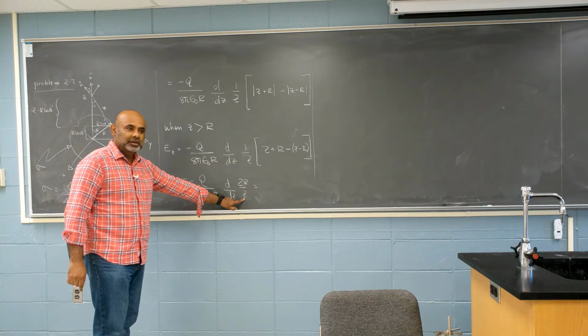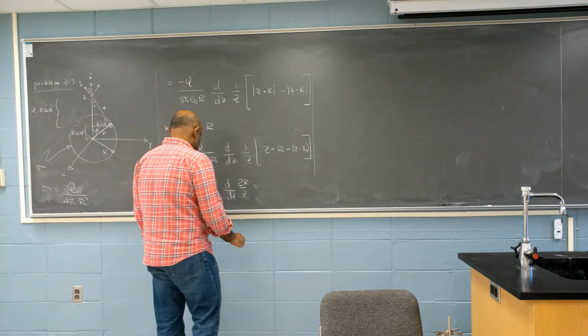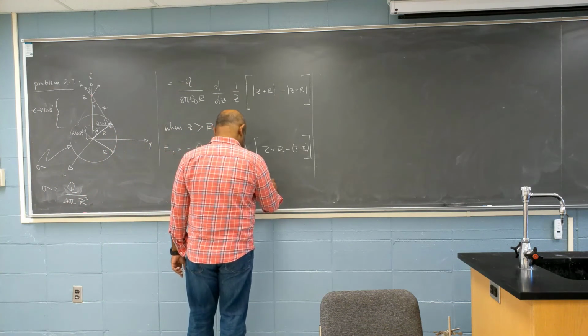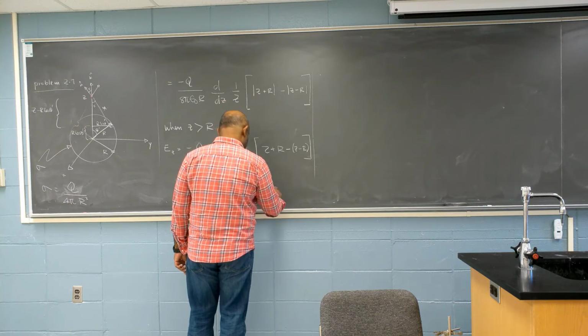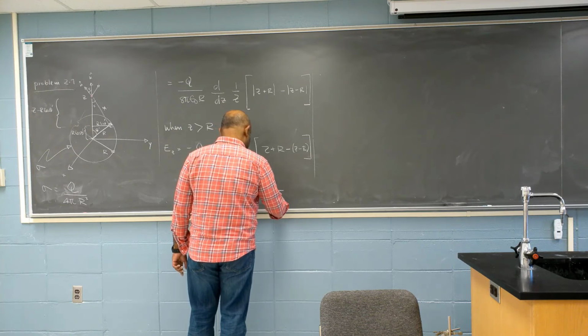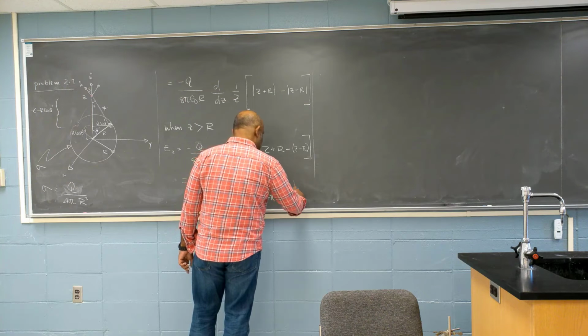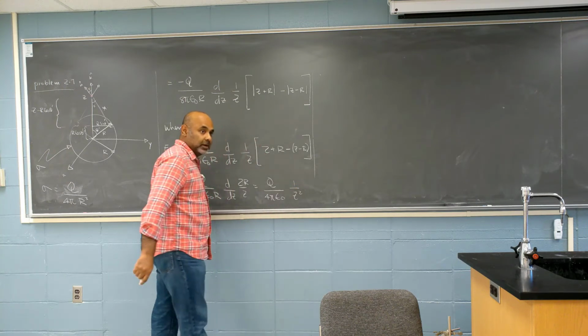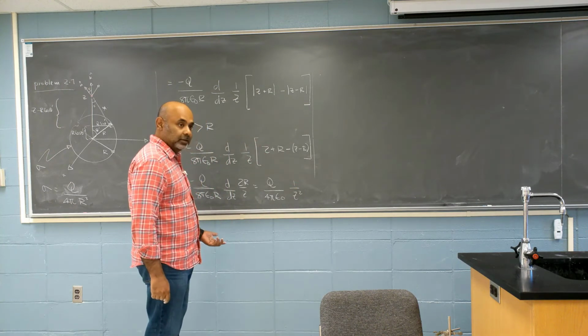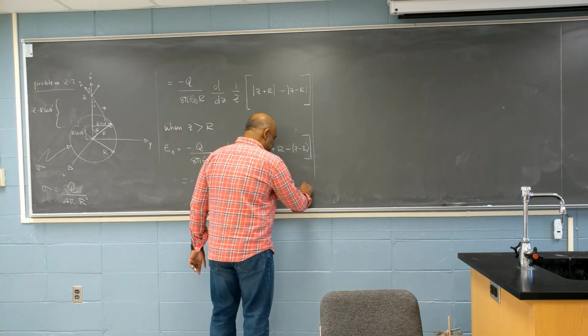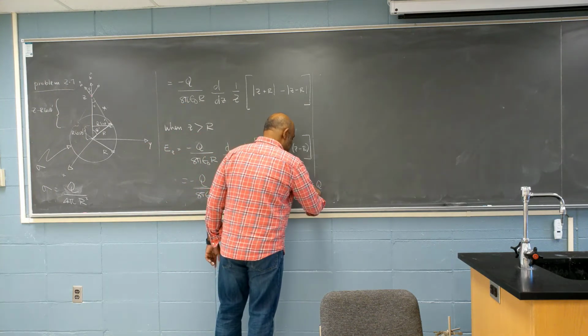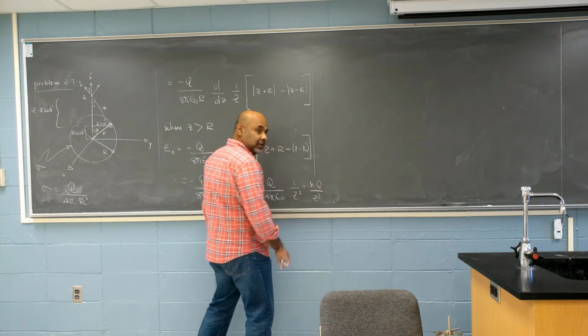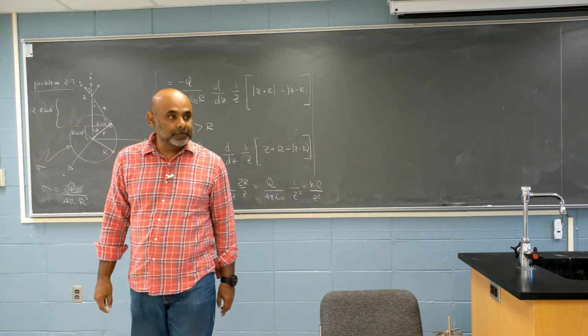Negative 1 over Z squared. So I would get Q over 4 pi epsilon naught, 1 over Z squared. Yeah? Or the familiar kQ over Z squared, after all this trouble.